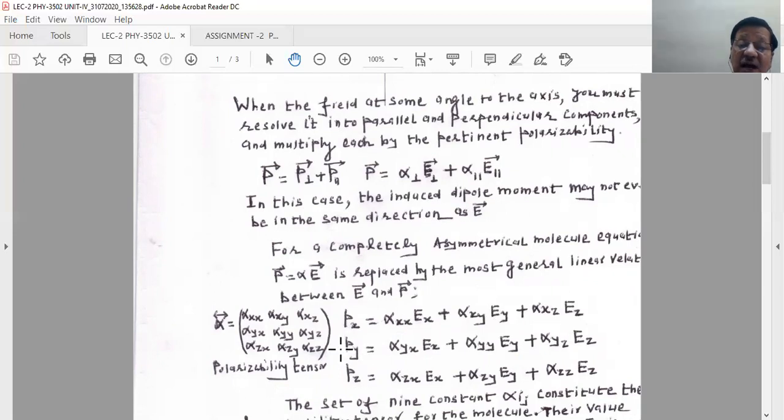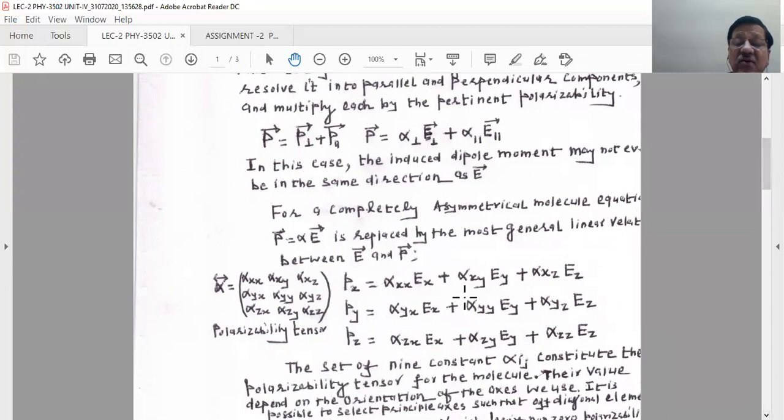Similarly, the Y component of the induced dipole is not only caused by the Y component of the electric field, it is caused by the X component as well as the Z component. And in the same way, the Z component of the induced dipole moment is not only caused by the Z component of the electric field, but also by the X component and the Y component of the electric field.